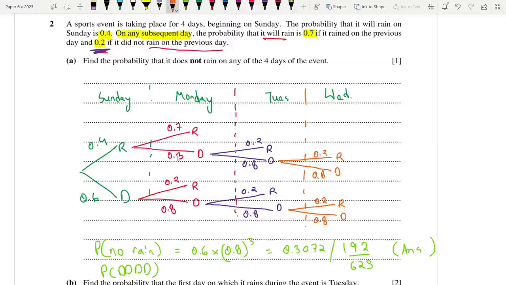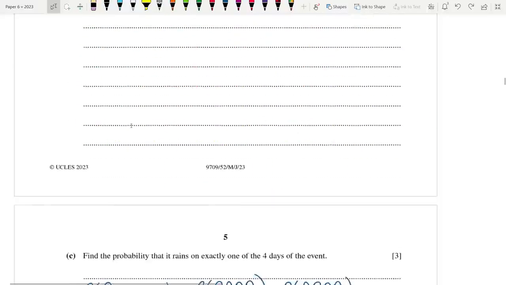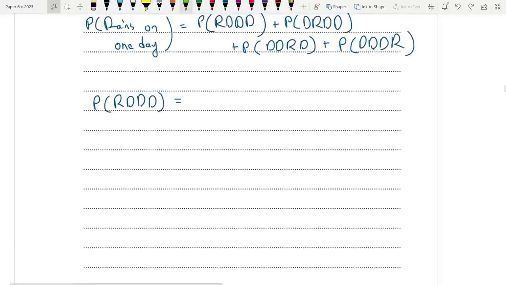So that is one. Following the track: rains on Sunday, does not rain on Monday, Tuesday, or Wednesday. It's 0.4 times 0.3 times 0.8 squared, or times 0.8 times 0.8, which is 0.0768.